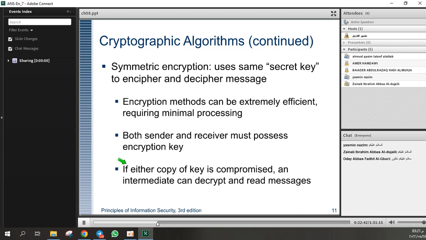So the main problem with symmetric encryption methods is key compromise.